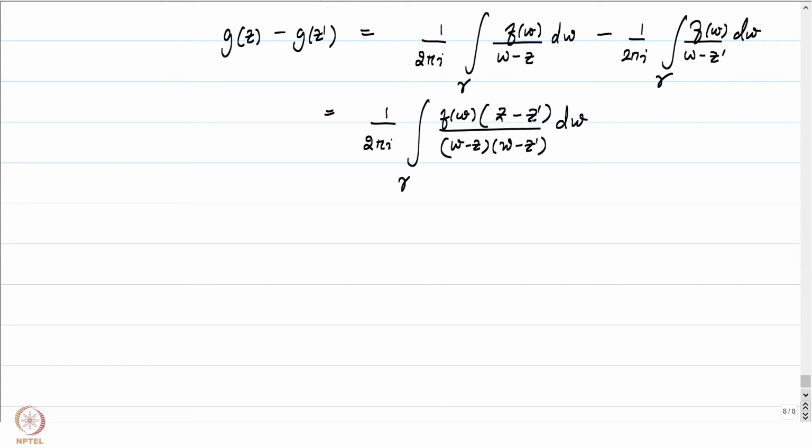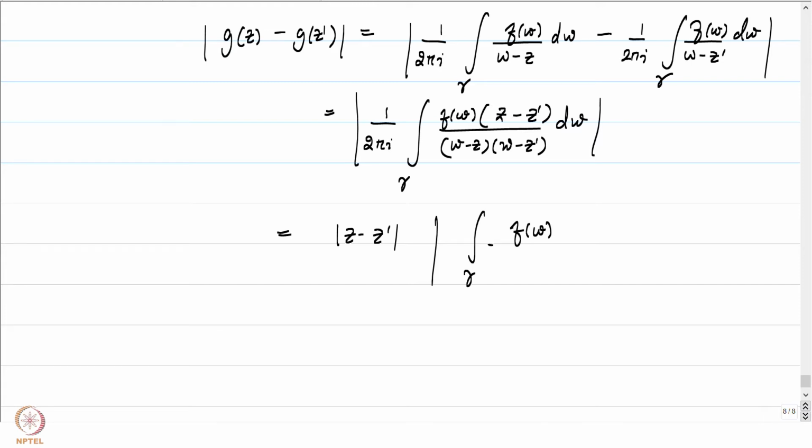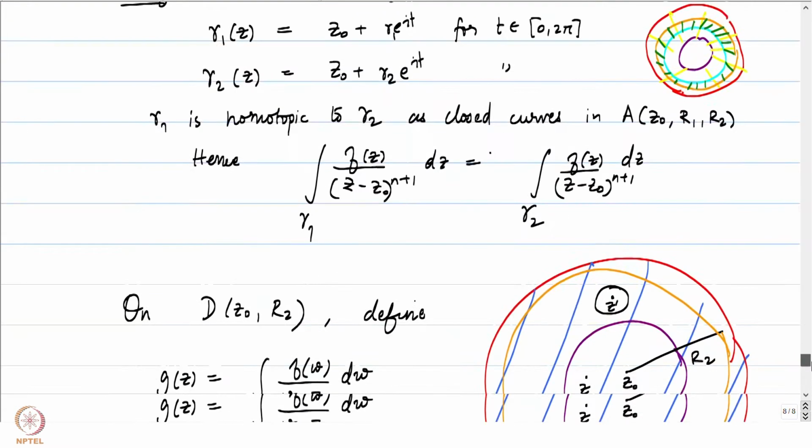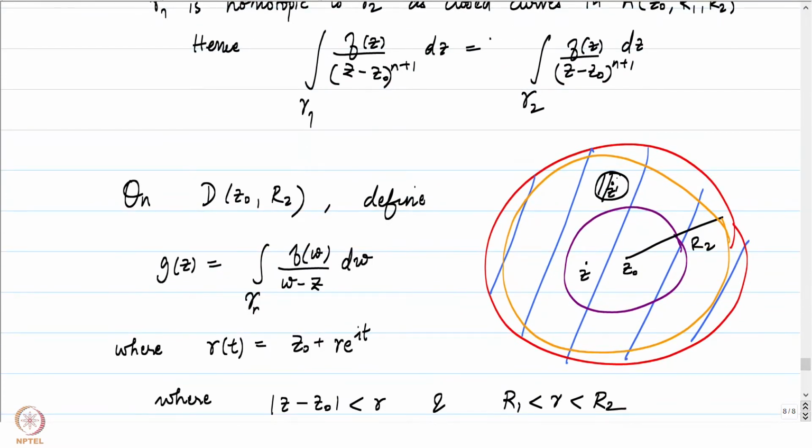Now notice that the z minus z prime can be taken out. So the absolute value here is going to be equal to the absolute value of z minus z prime times the absolute value of the integral over gamma of f of w by w minus z times w minus z prime dw. Now that's the precise reason why we picked a disk of this type.